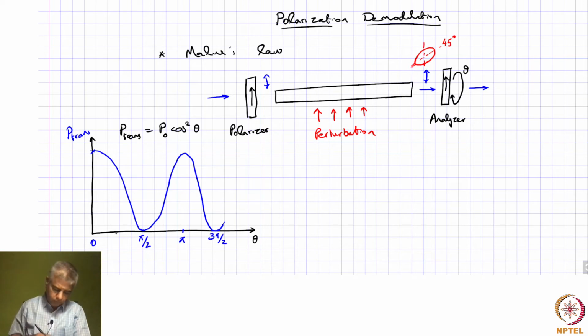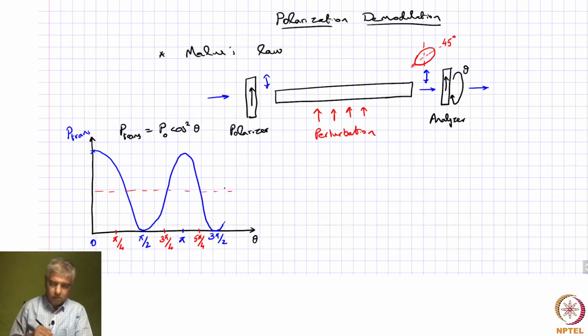So you would say at pi by 4 it will go to a maximum, at 3 pi by 4 it will go to a minimum, and at 5 pi by 4 it will go to a maximum again. So you'd expect something like this.